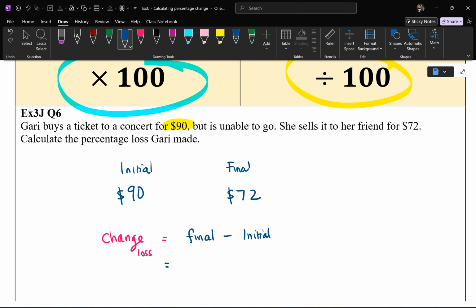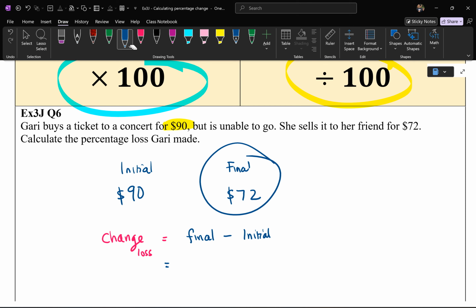In this case, my final amount is what? Can I please have, let's go with Josh. What's my final amount? Because I'm doing final minus initial. Not 70. 72. So final amount, $72.